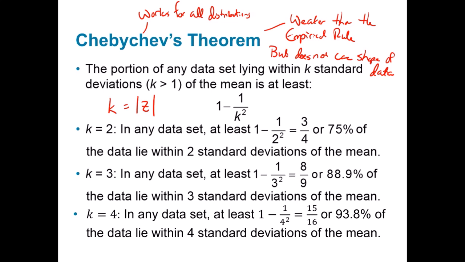K is your z-score without the sign. So k is the absolute value of z. That's the easy way to think about this. In other words, find your z-score, ignore the sign of it, there's your k value.